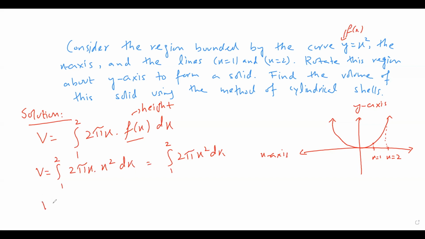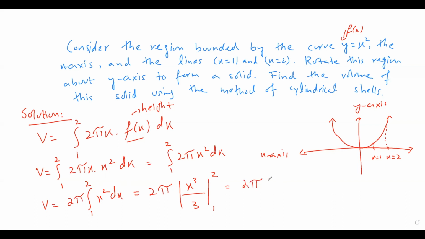And then the volume is equal to, since 2 pi is a constant, we bring it out, and then the integration from 1 to 2 of x squared dx. And this is equal to 2 pi. Integration of x squared is x cubed, because you add 1 to the power, so 2 plus 1 is 3, and then you divide by the same power, and the limits are from 1 to 2.